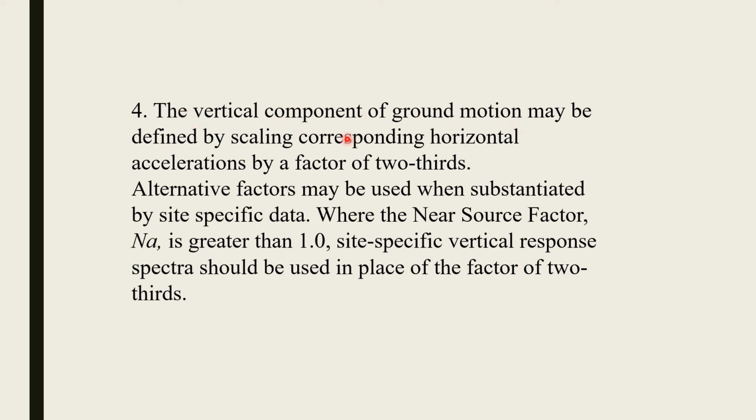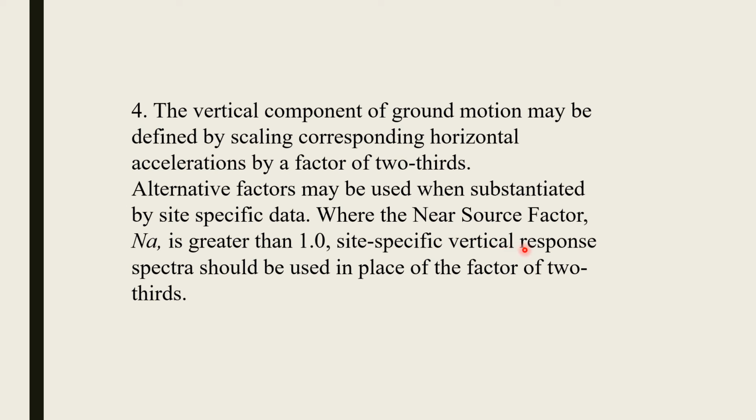Okay, we can use two-thirds for the vertical component of ground motion. For example, if we are using 100% in one direction, then two-thirds means we can use 66% in the vertical direction. Alternative factors may be used when substantiated by site-specific data, where the near source factor is greater than one.